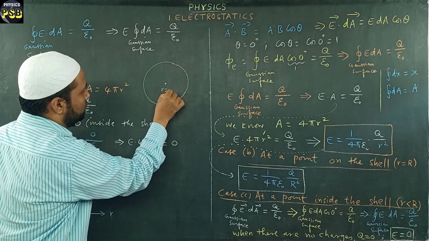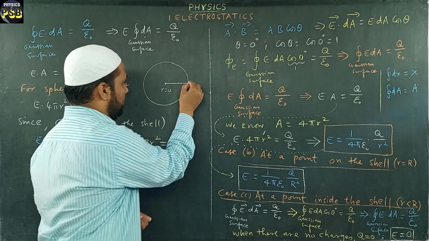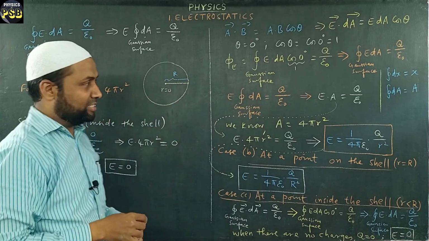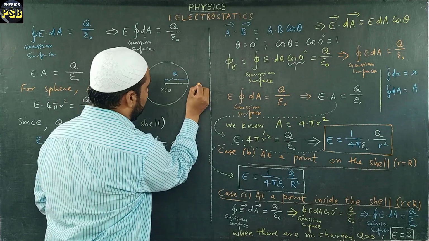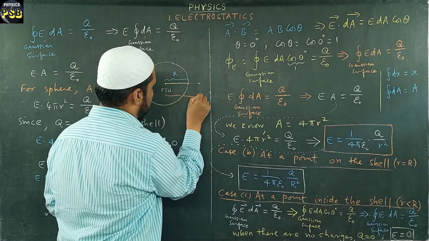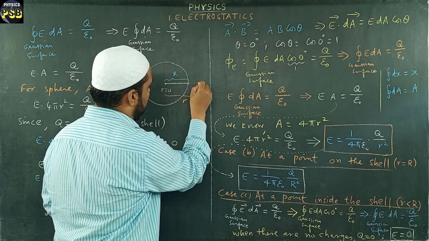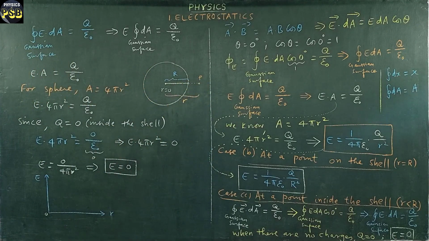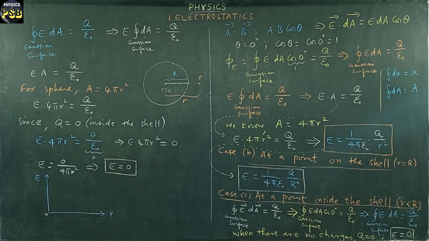R is equal to 0. As you go away, we take a point here. This is capital R, the radial distance. Suppose I have a point somewhere here, then this radial distance is taken as small r. Point P. In that way, at the center, as I have just told you, the electric field is 0.